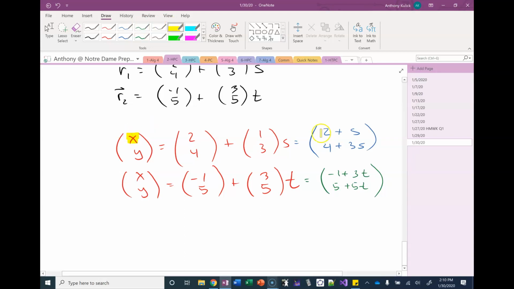So what I can say is I have x equals 2s, and s also equals -1 plus 3t. So I can say 2s equals -1 plus 3t. I'm going to move the variables to one side and the constants to another, giving me the equation s minus 3t is equal to -3. Is everybody okay there?